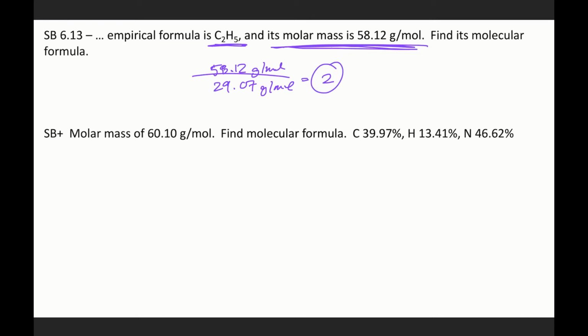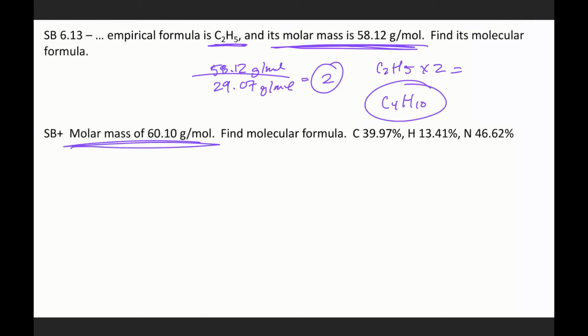That's a multiplier of 2, which means C2H5 times 2 gives me C4H10, the molecular formula for butane. Those are the little canisters that you plug into small portable camping grills, which is different than the propane in your large backyard grills, so it depends on what you're using.